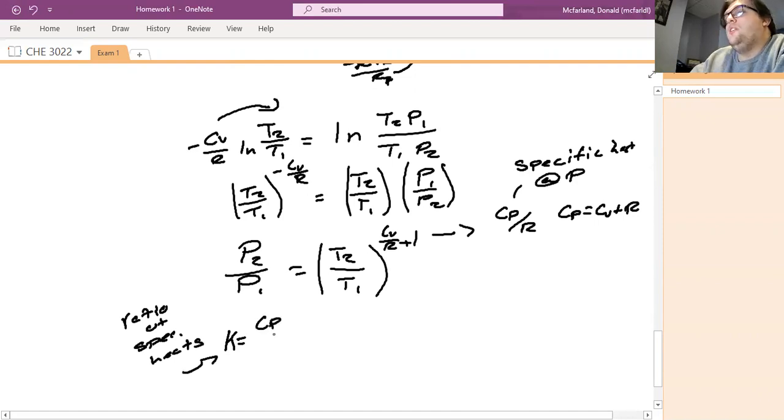Which is just going to be CP over CV. For example, air, which should be about 1.4 if I remember correctly.